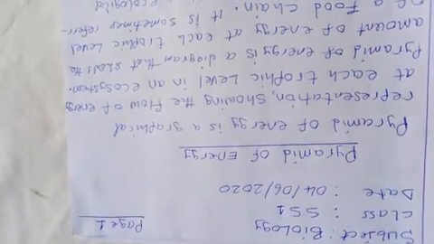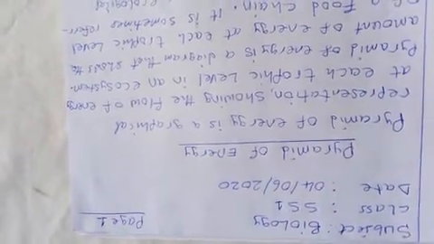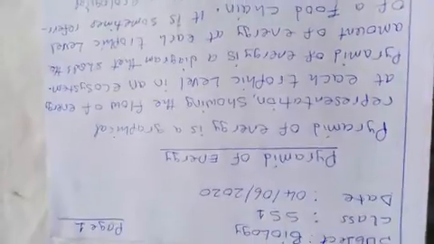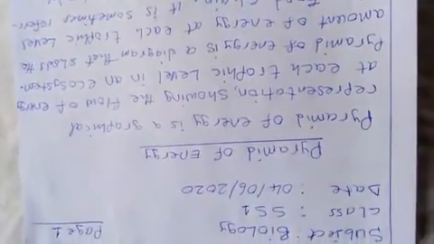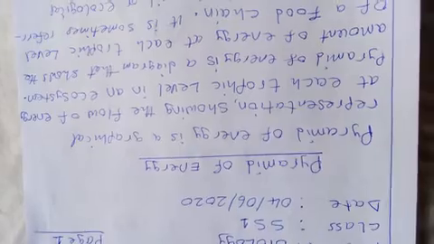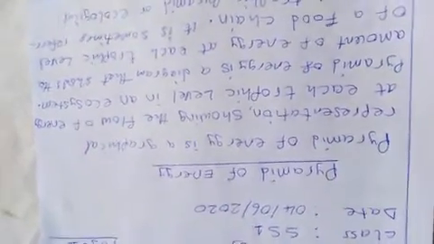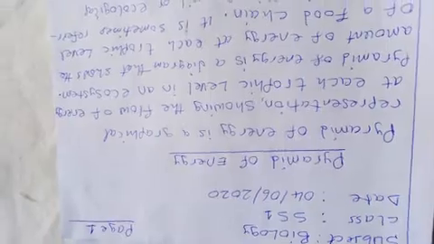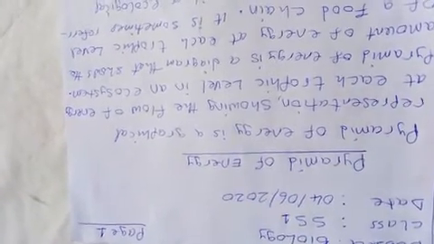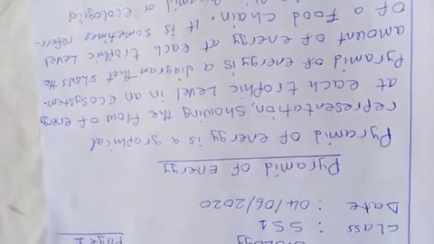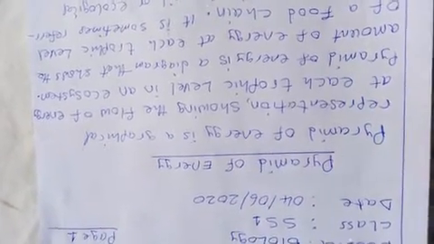And we discussed pyramid of numbers, that is a diagram showing the size of the population of each trophic level. And I also told you that the number of organisms decreases from the base of the pyramid, that means from the bottom to the top of the pyramid.